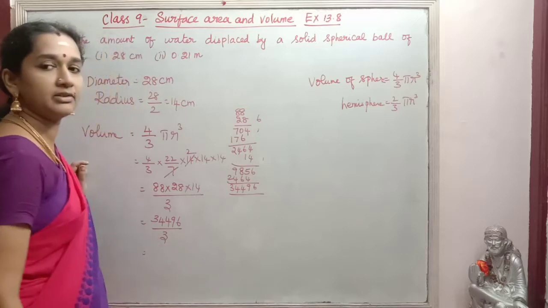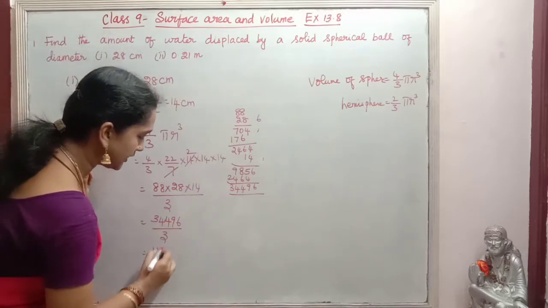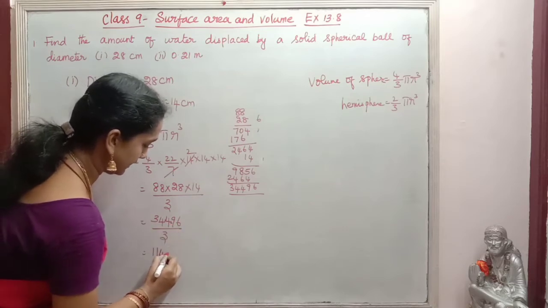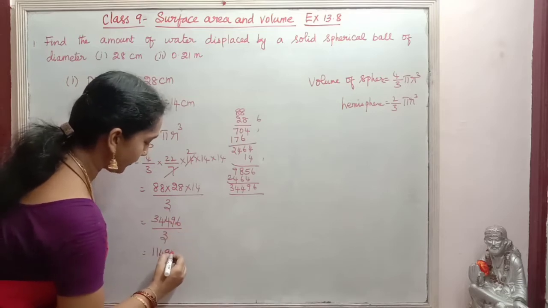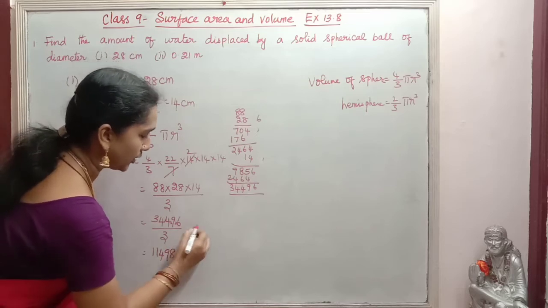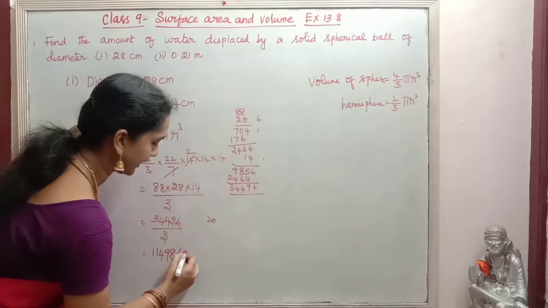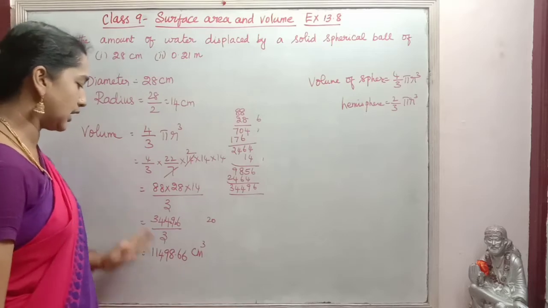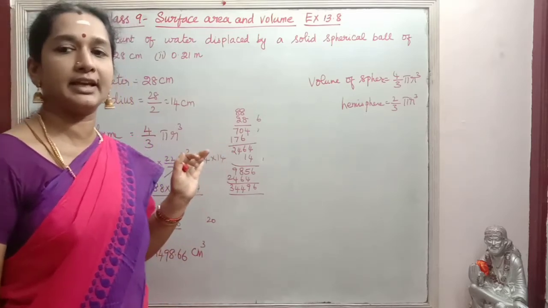When we divide this by 3, we get 11498, and then there is a remainder, so we put the decimal point and continue, and we get 11498.66. This much centimeter cube. So this is the volume of the sphere for the given diameter.